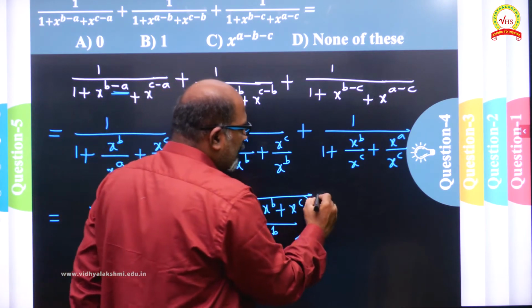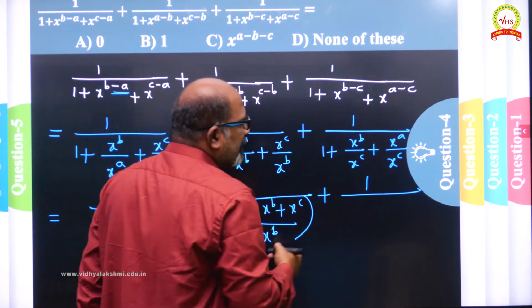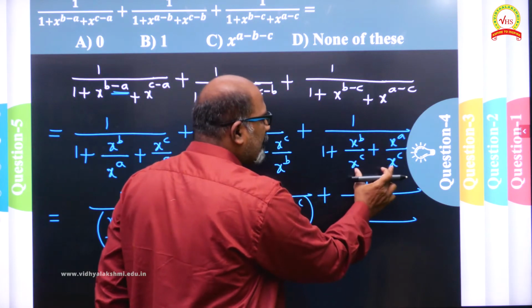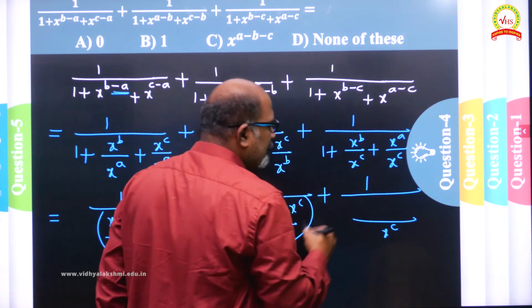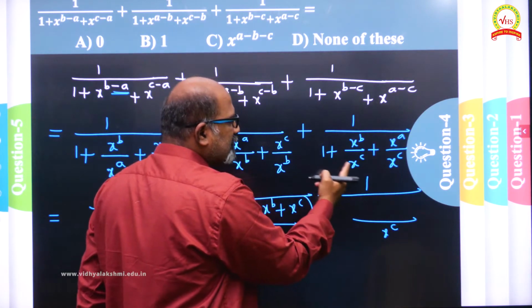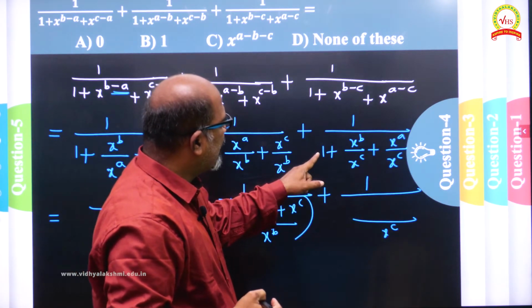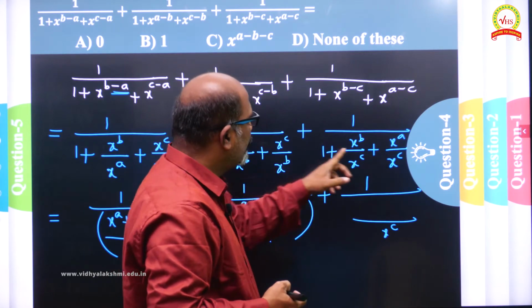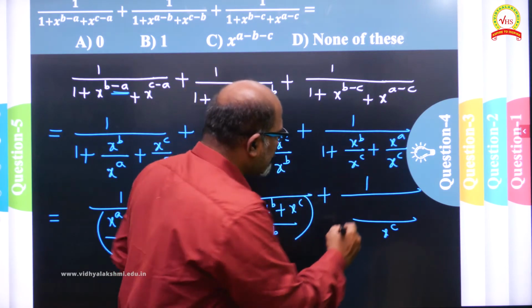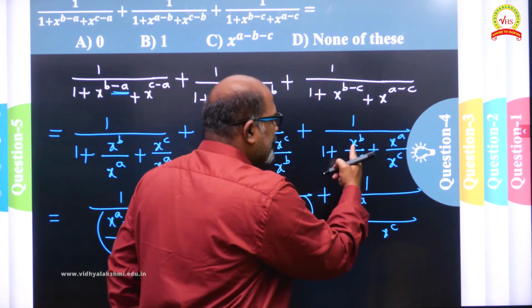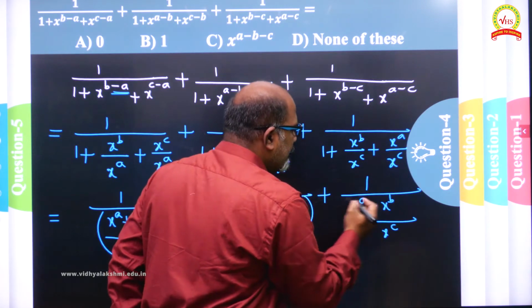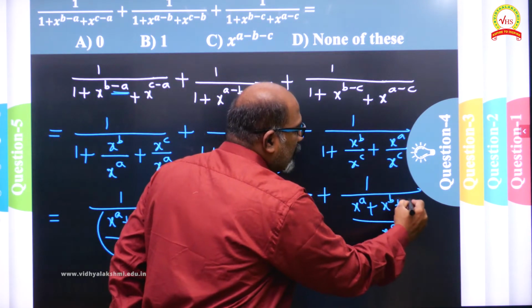And in the last part, 1 divided by the common denominator we are having is x power c. So x power c will be multiplied, and I can write this whole in an order like x power a plus x power b plus x power c.